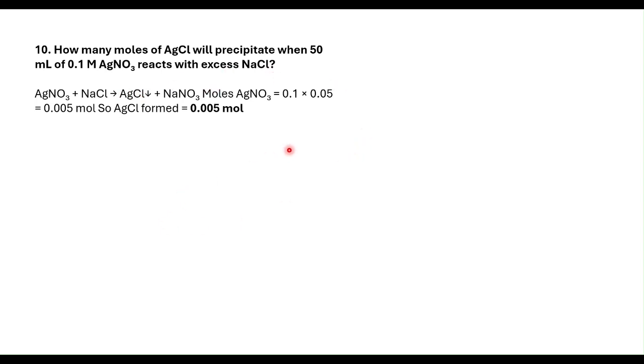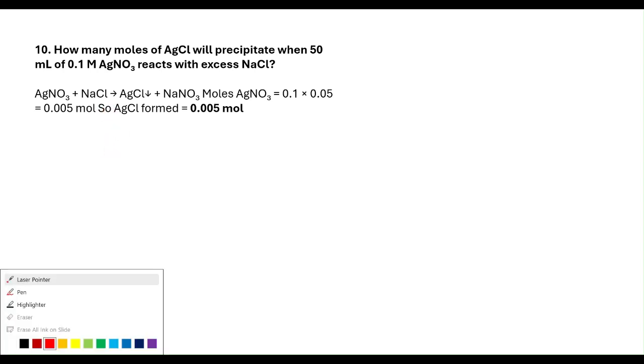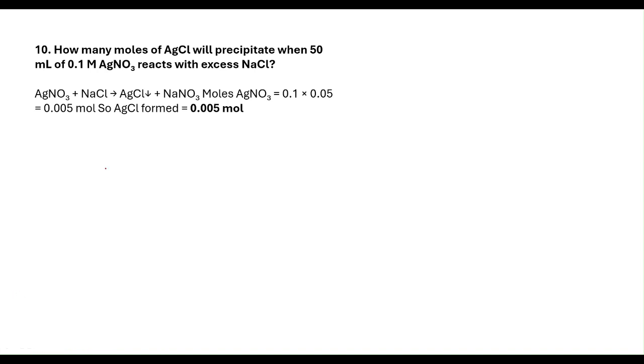So this is a very straightforward question. We can just say what is the number of moles. Let me take my pen. So we know what molarity is. It is number of moles over volume in liter, right?